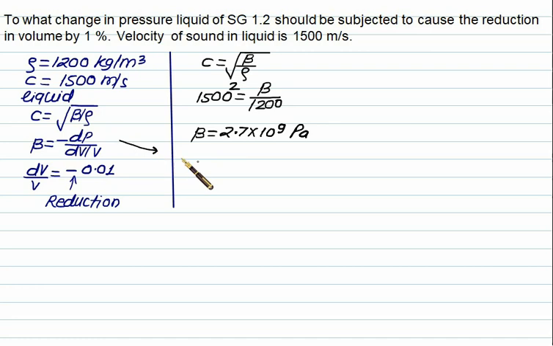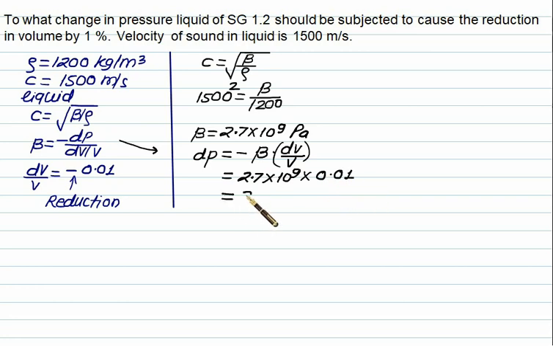So we have change in pressure equal to minus beta multiplied by dV by V. So minus and minus become positive, and we have 2.7 into 10 to the power 9 multiplied by 0.01. That is 2.7 into 10 to the power 7 Pascal, or we have 27 megapascal will be the required pressure change.